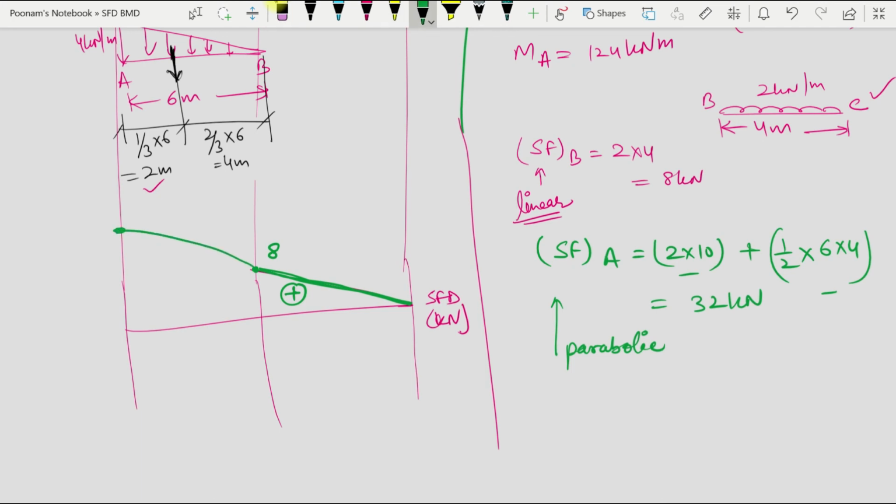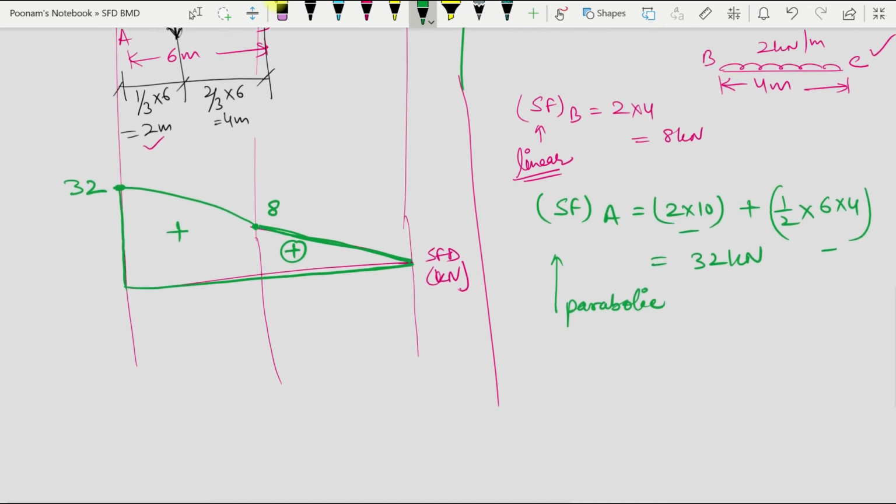So this value is 32 positive, and I can mention on my diagram that this is linear and this is parabolic. A, B and C.